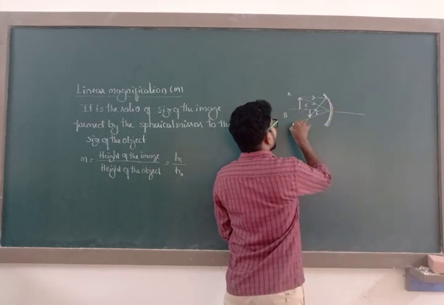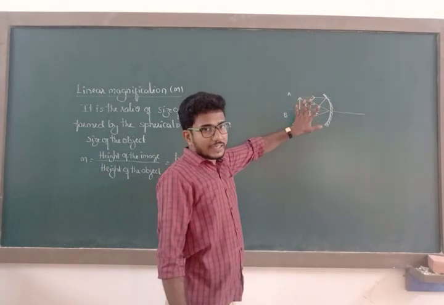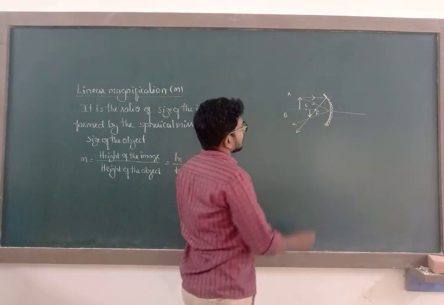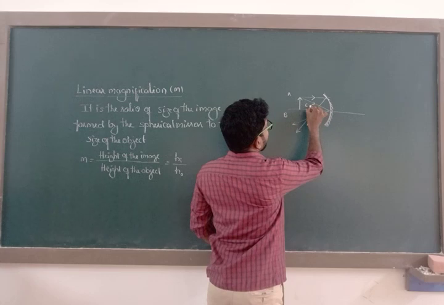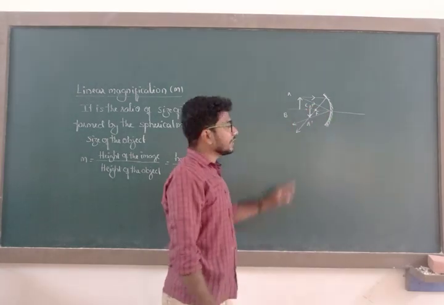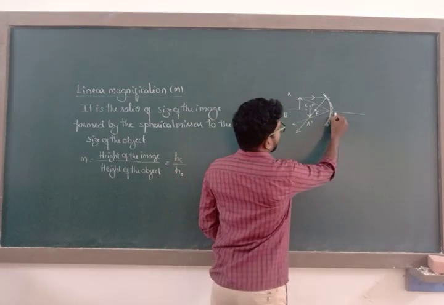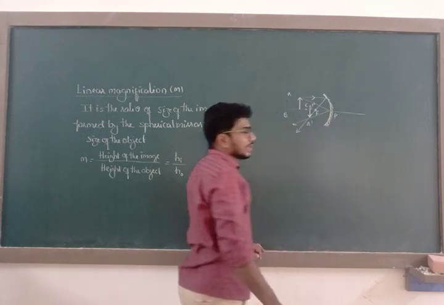So we know this ray diagram. Here AB is the object, A dash B dash is the real inverted image of AB when AB lies beyond the center of curvature. P is the pole of the given concave spherical mirror.